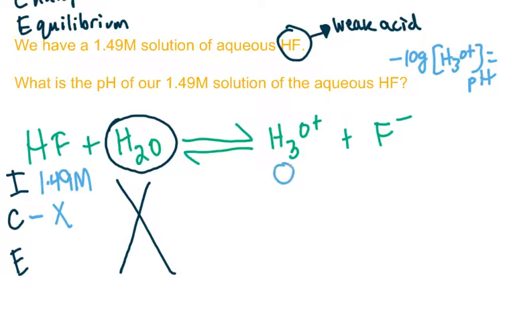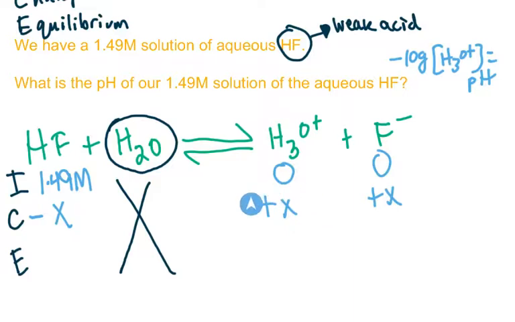Initially, our products are zero because our reaction just started. Initially, there's nothing. However, when hydrofluoric acid dissociates by an x amount, our products are also going to gain that same amount, because whatever dissociates here is going to be in the product.